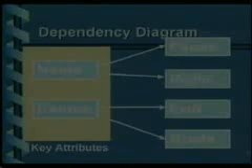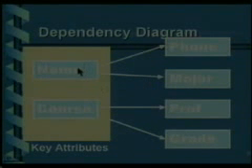Let's look at the dependency diagram. How will we solve this particular problem? Well, the problem can be solved if, wherever the dependencies are lying, we decompose the table with that in mind. How will I decompose this?